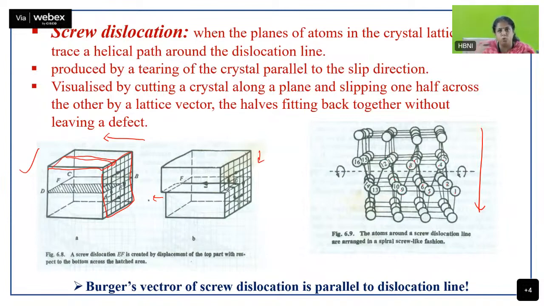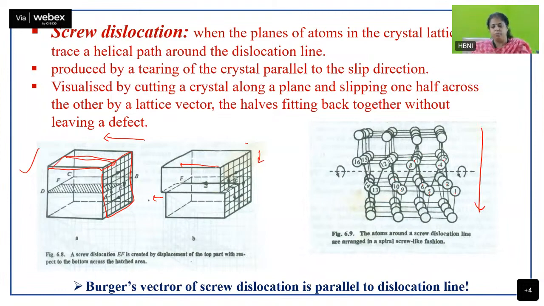But when the screw dislocation happened, that is, you move this plane in this direction, now 1 is joined to 2, 2 is joined to 3, 3 is joined to 4, but 4 instead of being joined to 1 is actually joined to 5. 5 to 6, 6 to 7, 7 to 8, 8 instead of 5 is going to 9. So what actually were parallel earlier have now become a helix.